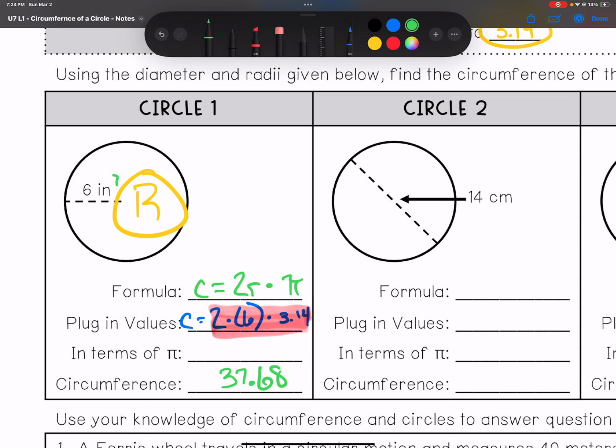Now, this is important. We're talking about inches, so make sure you keep that, okay? Now, to finish working out our little problem here, in terms of pi, you would have had C equals 12 pi. Why 12? Because 2 times 6 is 12, okay?